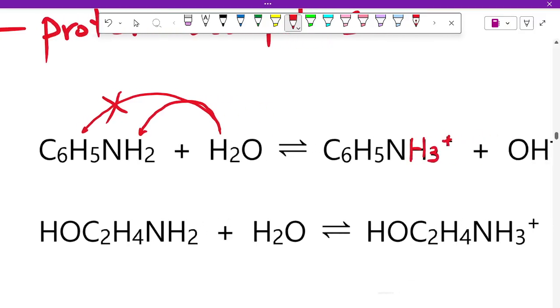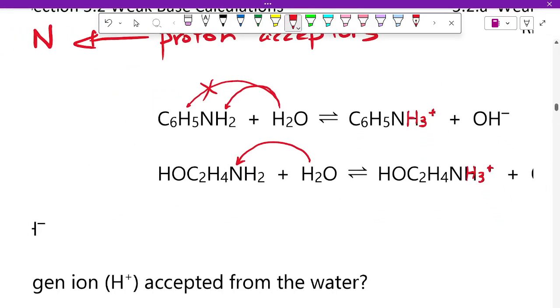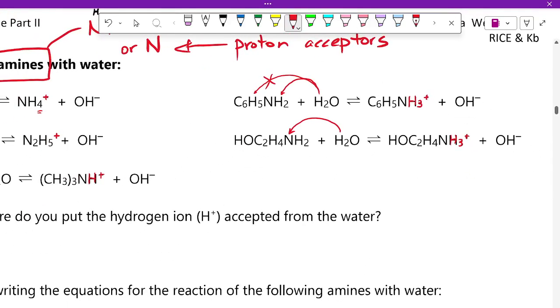Okay, and similarly, this hydrogen is going to go onto the nitrogen, and there we end up with our H3 plus. Where do you put the hydrogen accepted from the water? Onto the nitrogen.